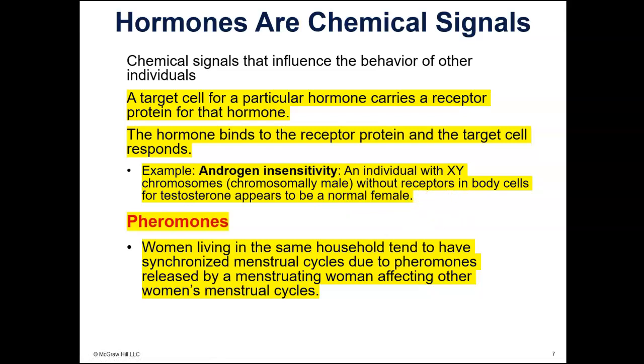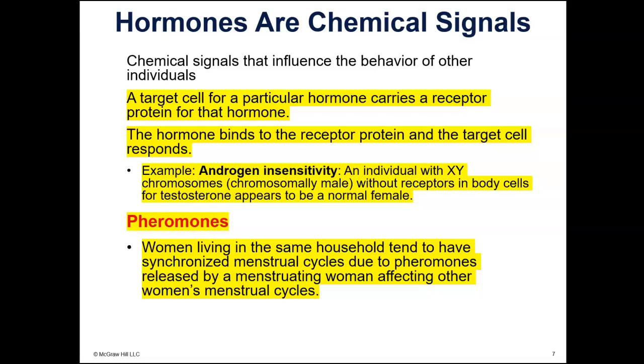Even a doctor can't tell, or you can't even tell by doing an MRI scan of their reproductive organs, that this is a normal female in all ways that you would consider a person to be a female, but their chromosomes say that they're male, and it's because they have androgen insensitivity. They produce testosterone, but it doesn't cause any effects because it doesn't bind to the receptor that it's supposed to bind to.